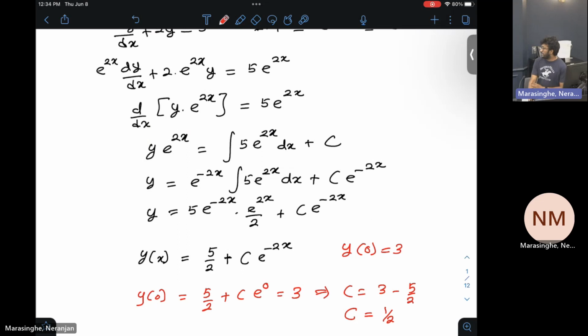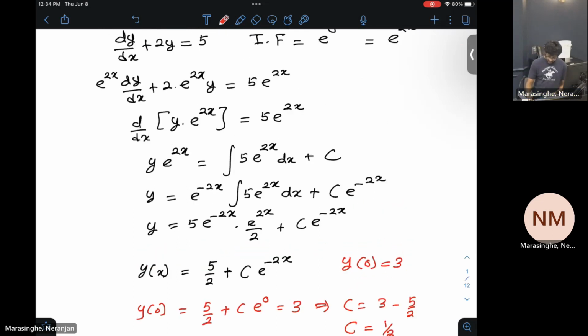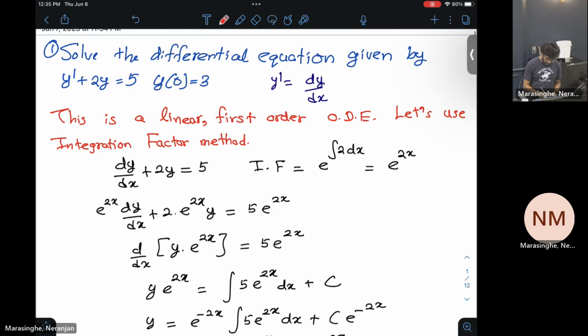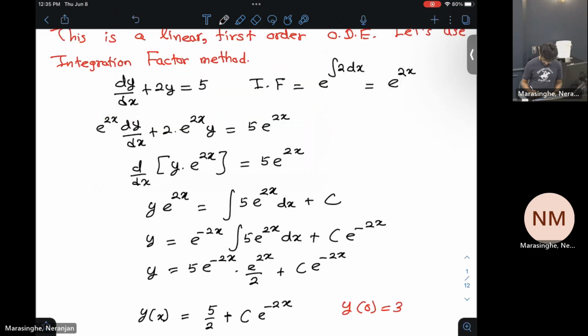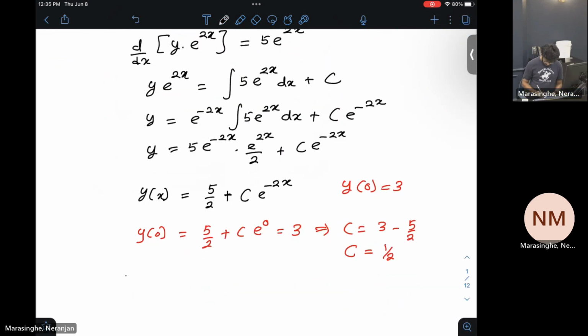Now I know the value of c, so I can write down my final answer. So what is y of x? It is equal to 5 divided by 2 plus 1 over 2 times e to the negative 2x.